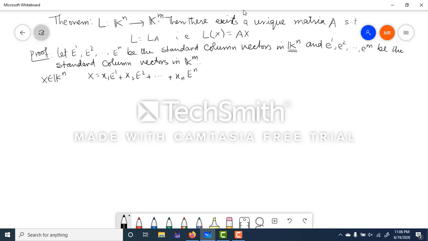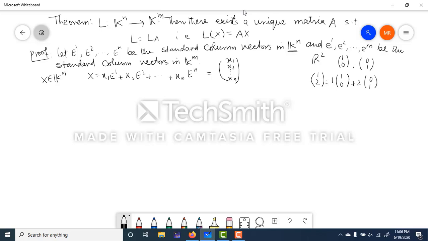For example, in R^2, if I consider the standard column vectors as (1, 0) and (0, 1), then any vector, for example (1, 2), can be written as 1 times (1, 0) plus 2 times (0, 1).